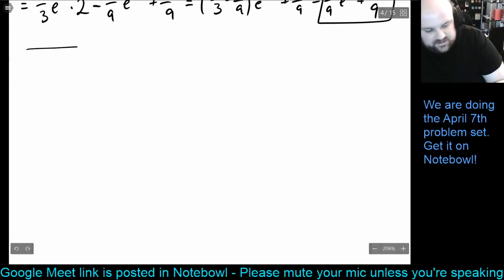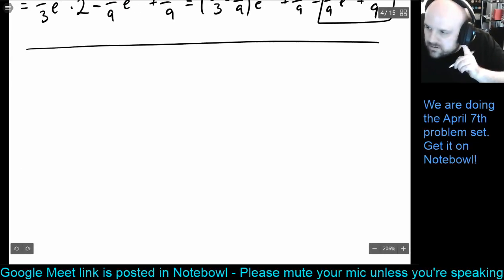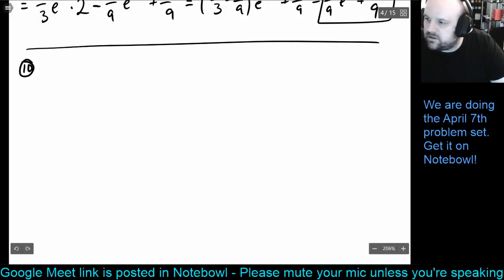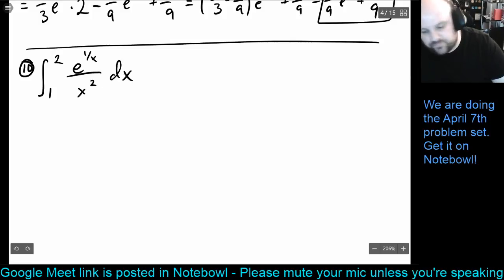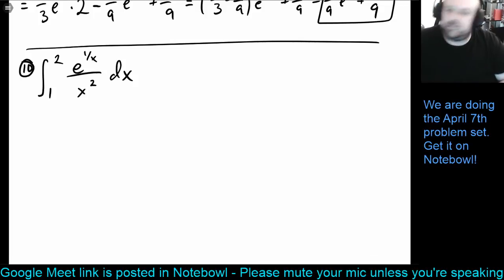There's no questions. Let's go on to the next one. 10. We're looking here at the integral from 1 to 2 of e to the 1 over x squared dx. So think about this one.